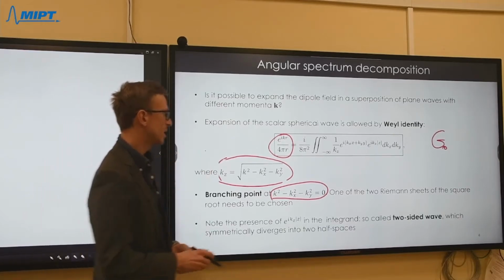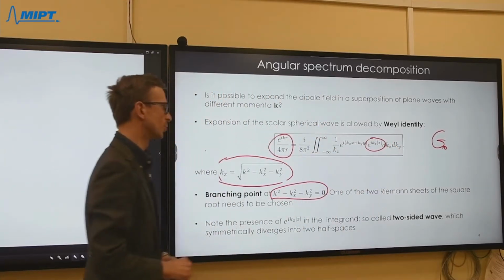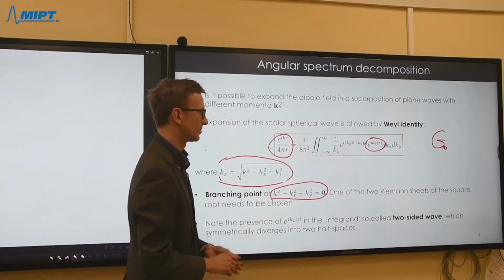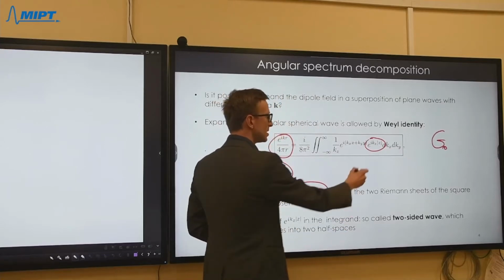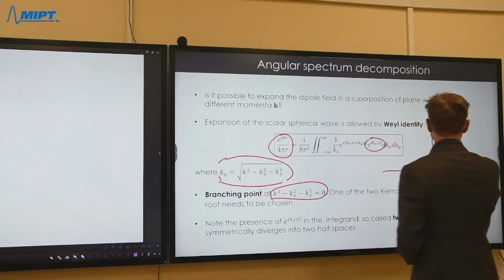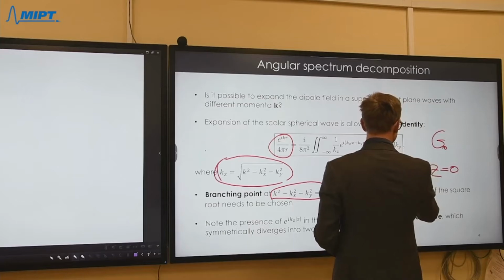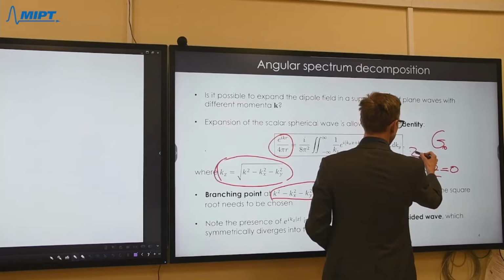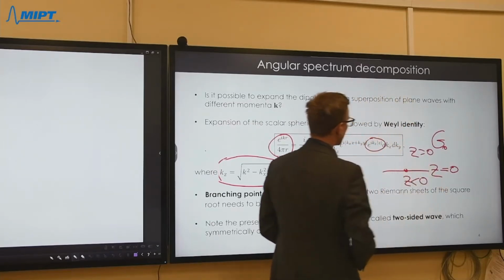Another interesting thing is the presence of this factor in the integral representation of the spherical wave. This is a so-called two-sided wave. You see, it's not just e to the power i kz z, it's the absolute value of z. If we have the z equals 0 plane here, and our source in the origin, then we have this half space where z is positive and the lower half space where z is negative.